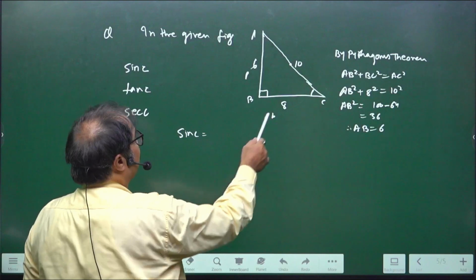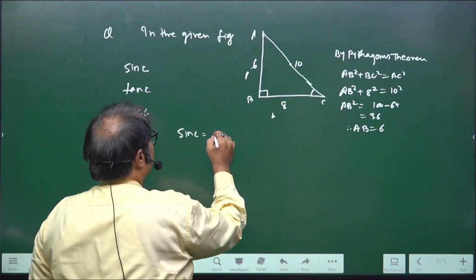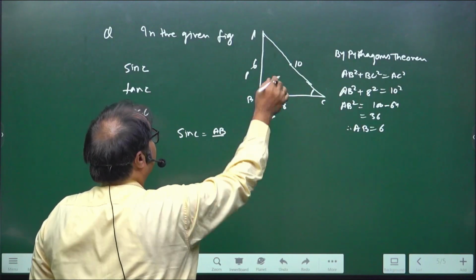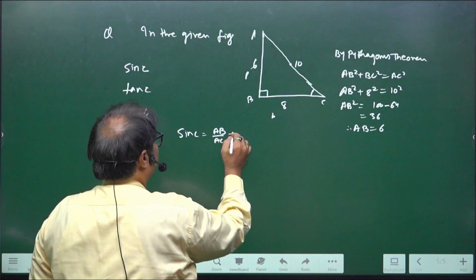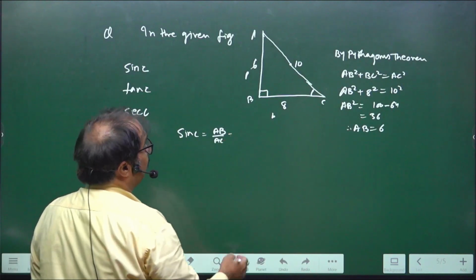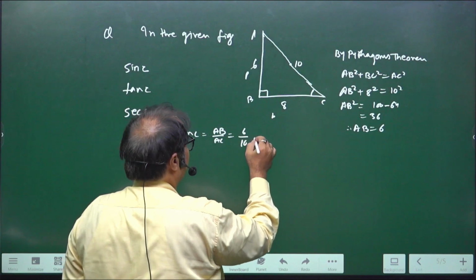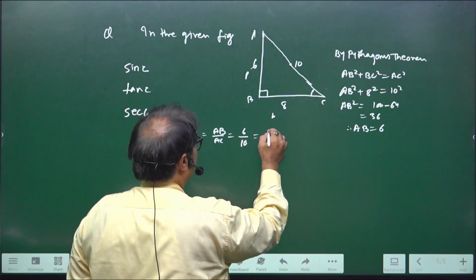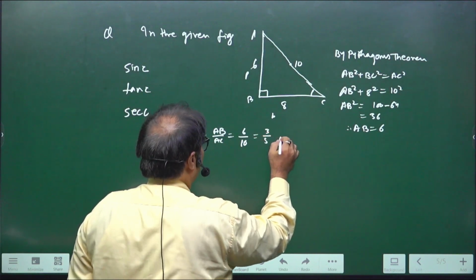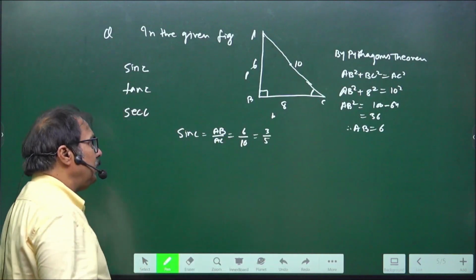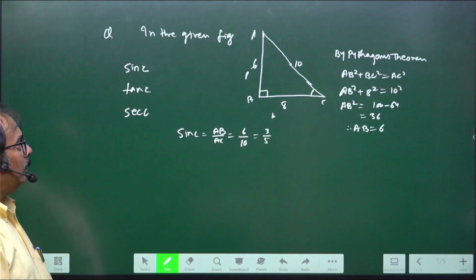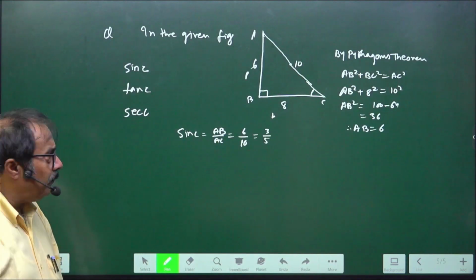As per angle C, the perpendicular side is AB and hypotenuse AC. The value of AB is 6 and AC is 10. So finally we can write it as 3 by 5, because it will be cancelled out. 2 3 is 6 and 2 5 is 10. So the value of sin C is 3 by 5.